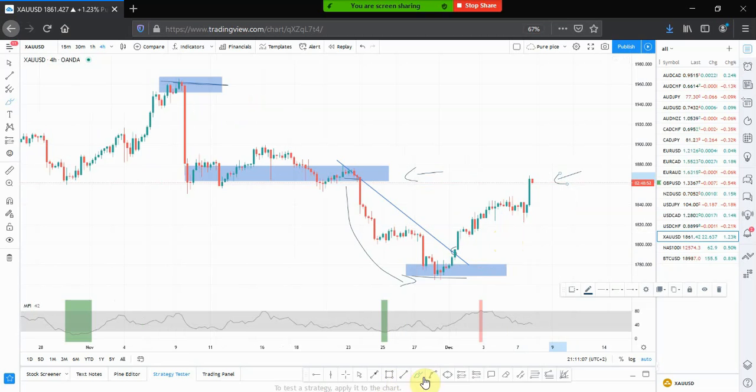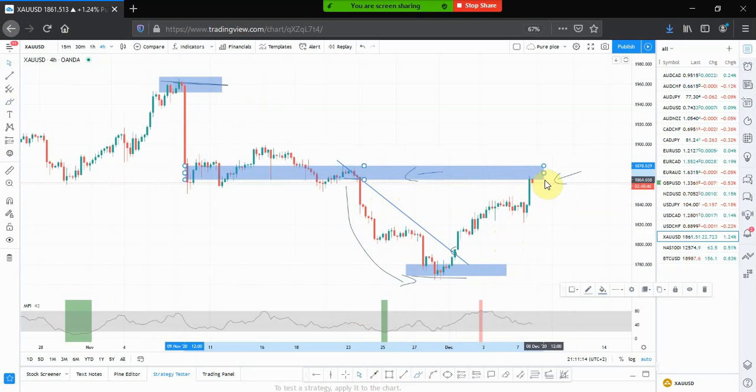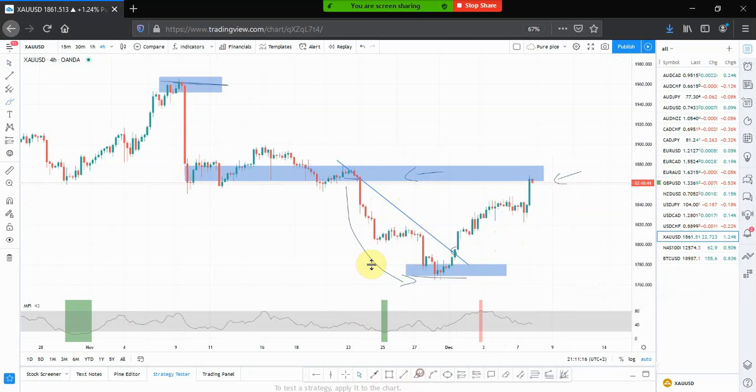Why? Because the price is just approaching the region of the guy who took the price here all the way down to this point. So the price is in the seller's territory. This guy who sold here, it is in his territory.